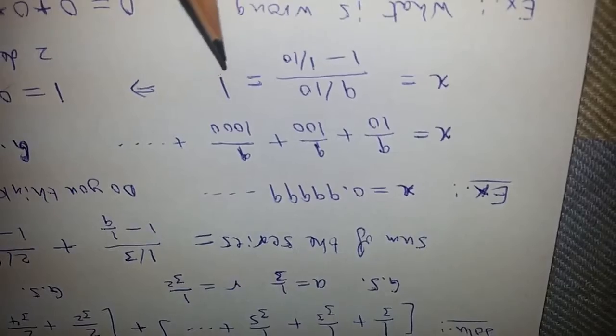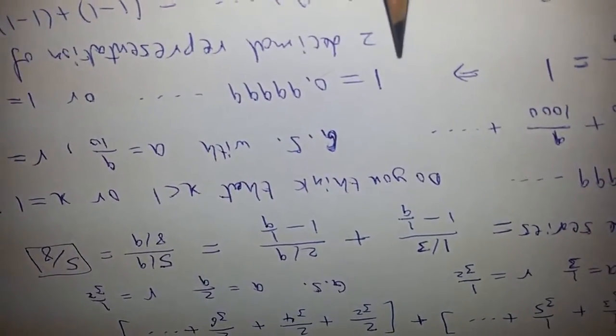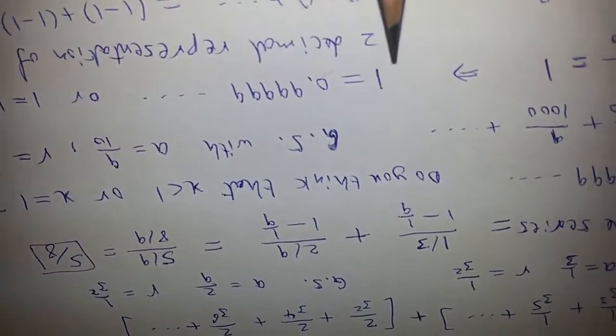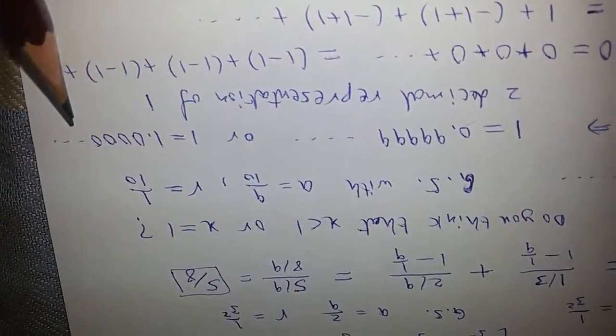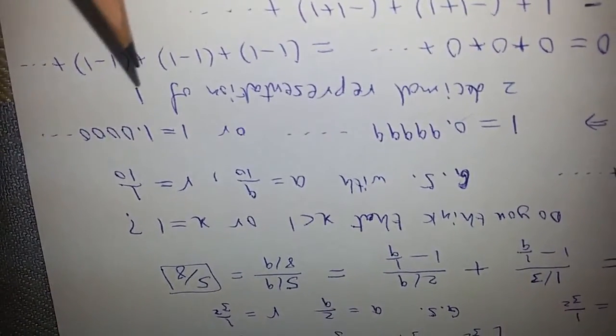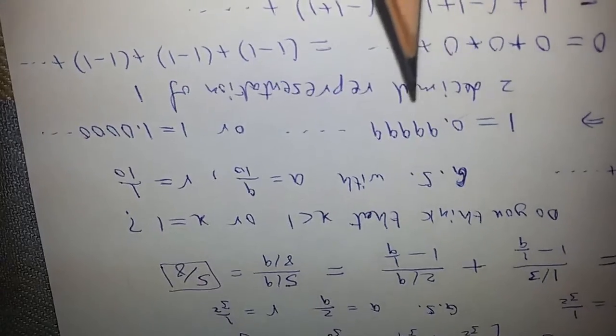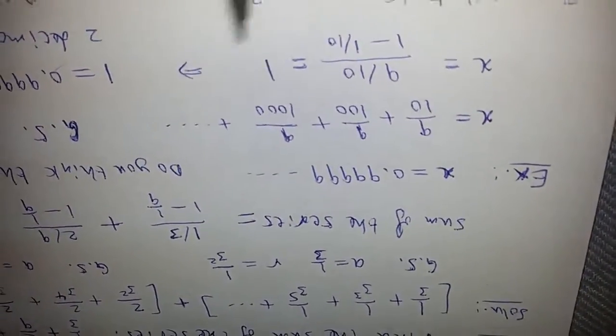So X is 1, so 0.99999 is equal to 1. This is equal to 1, and 1, of course, is 1.000. So there are two decimal representations of 1. 1 is equal to 0.99999, and that's the proof.